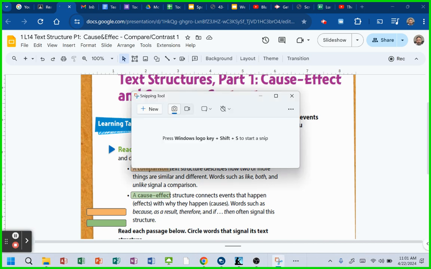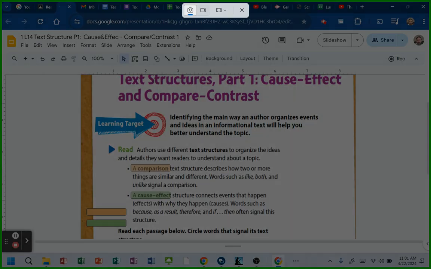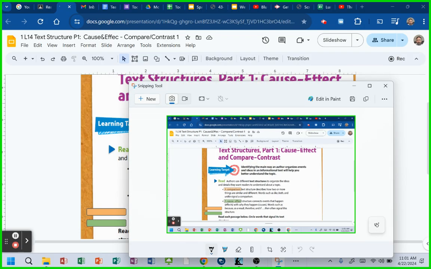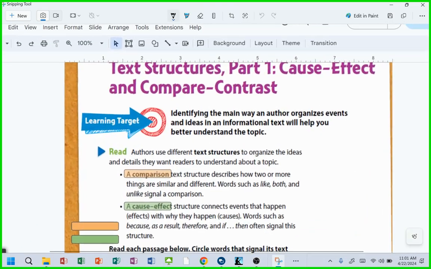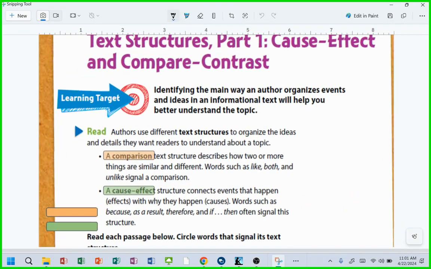So some of the signal words for compare and contrast are going to be words such as like, both, and unlike, right? These would be signal words if we were looking for words to help us determine whether or not it's comparing and contrasting. What about signal words for cause and effect?